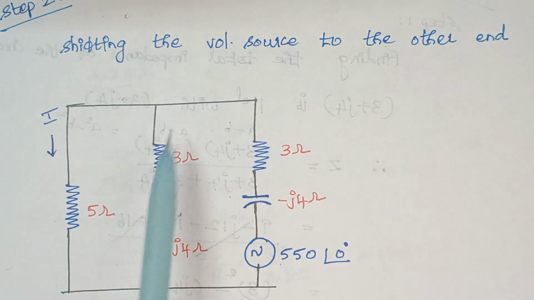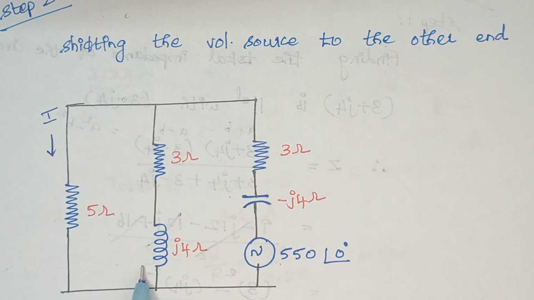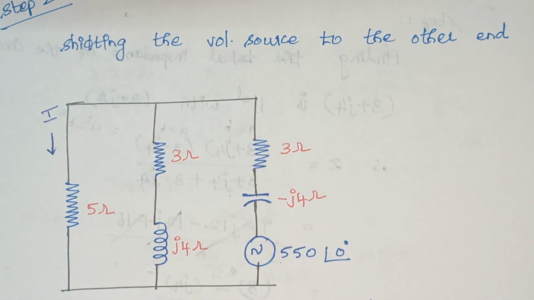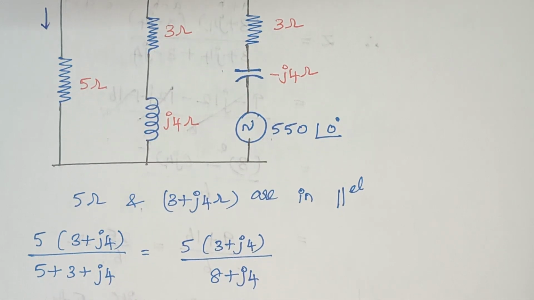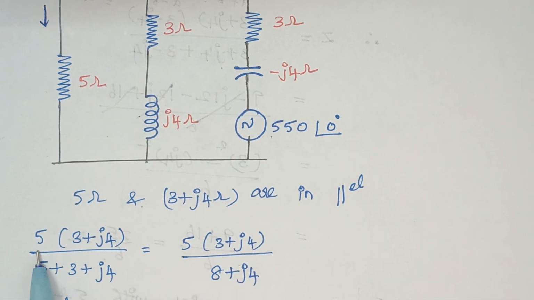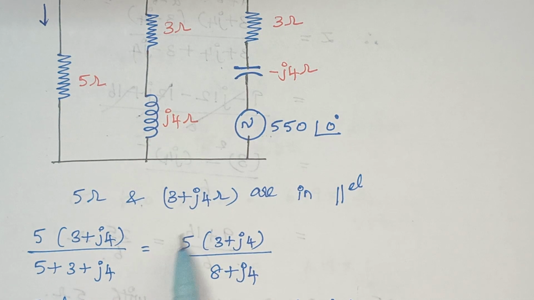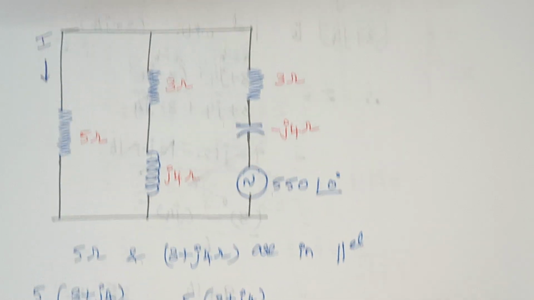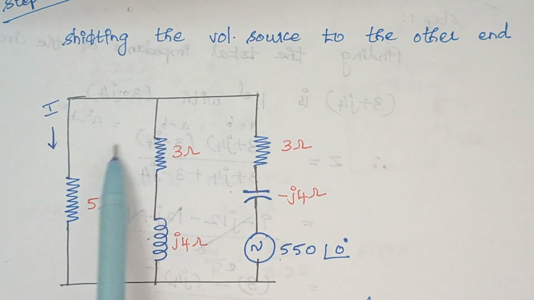When you proceed from this end, you see this branch and this branch are parallel to each other. Right. So just by applying the formula Z1 into Z2 divided by Z1 plus Z2, we are simplifying things. So here that gives the answer as this. Now this combination of resistors we have simplified into a single impedance.